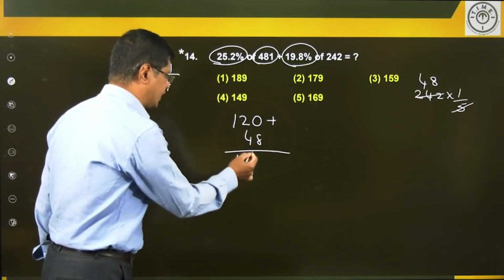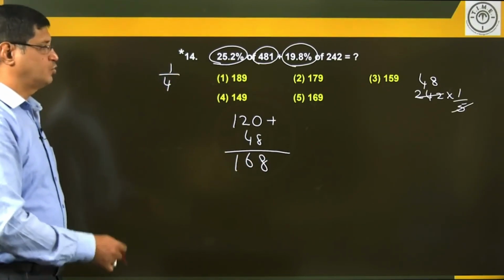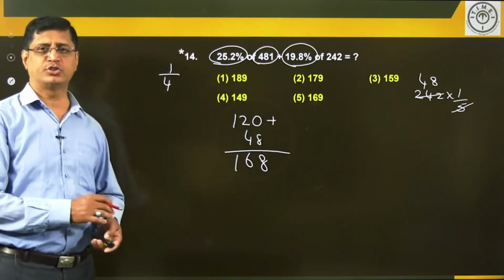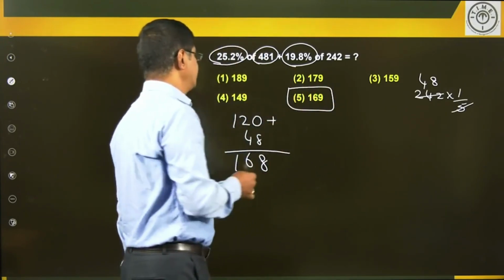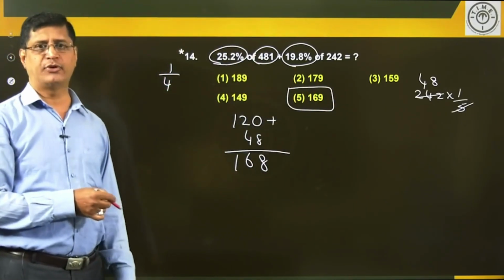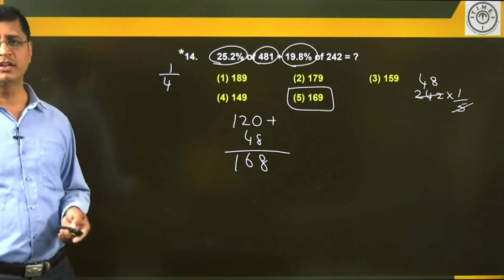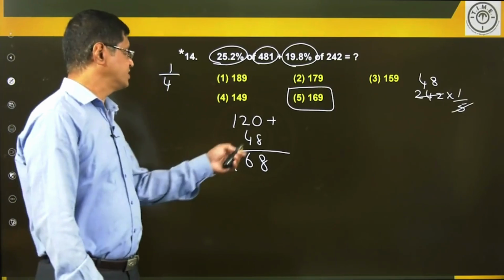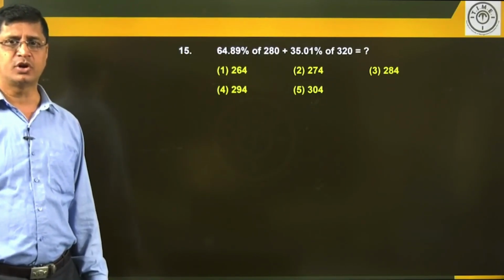The result is 168. So 168 means what is the nearest, closest value to this 168? That is 169. So the right choice is option number 5. Approximation means the nearest, closest value we can consider as an answer. So 169 is the right answer. Option number 5, fifth choice.